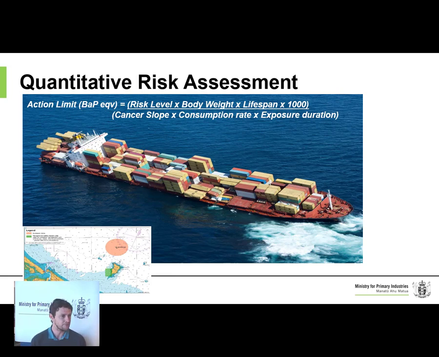Knowing that the sea life, the aquatic species were going to be consumed or harvested, they wanted to look at the possibility of those contaminants making their way into the sea life and what the impact on consuming those particular seafood was actually going to be on human health.